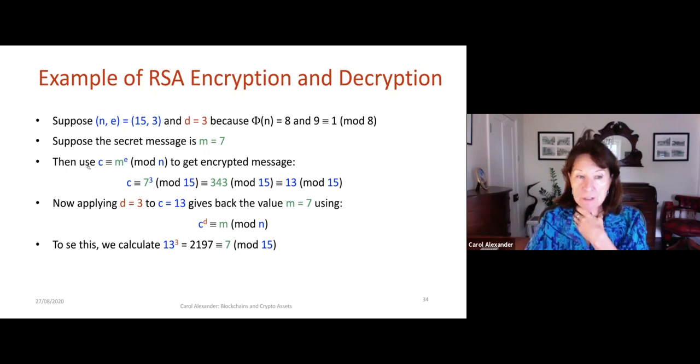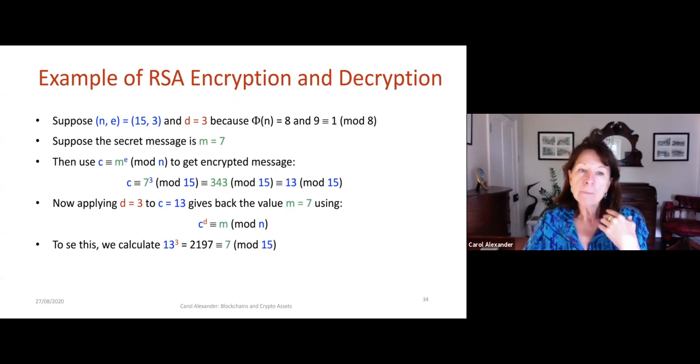So now I've got to use this calculation from the previous slide to find C. So E is 3. So 7 to the power 3 is 343. And mod 15, take it from me that 343 is congruent to 13 mod 15. So C is 13. That's the encrypted message which gets sent across.